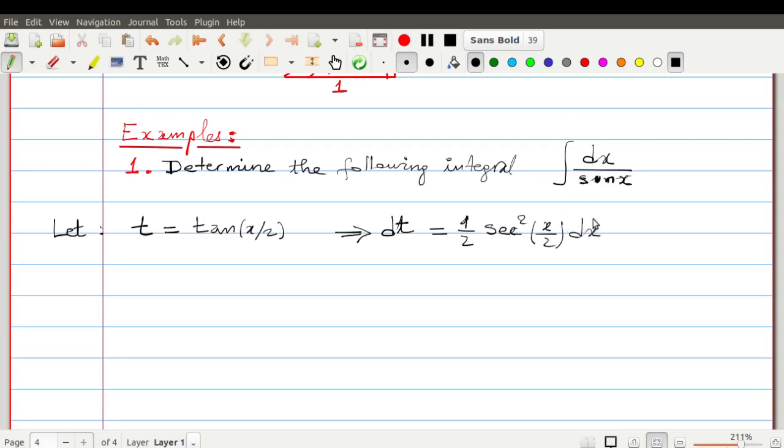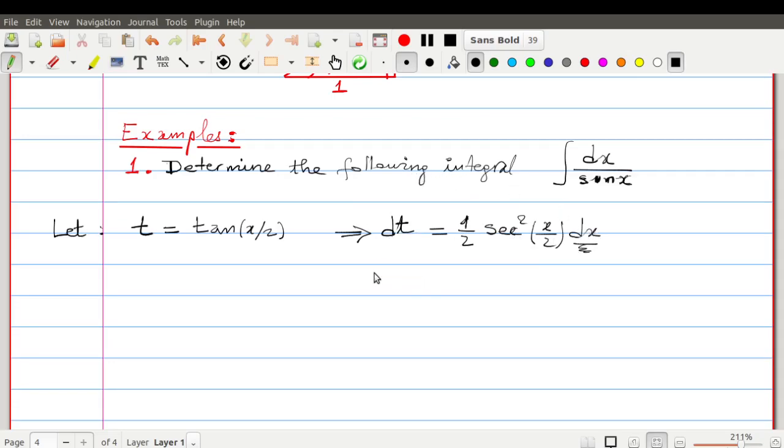And now from there, we can extract our dx, right? This dx will just be dt divided by this expression. But we know what sec square is. It's just 1 by cosine square. So we can get our dx by multiplying dt by cosine square directly.